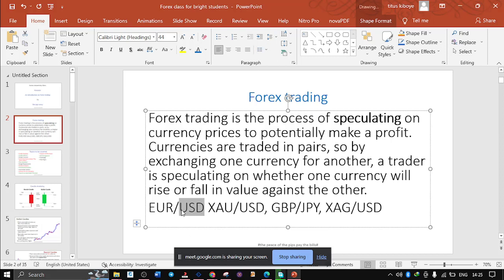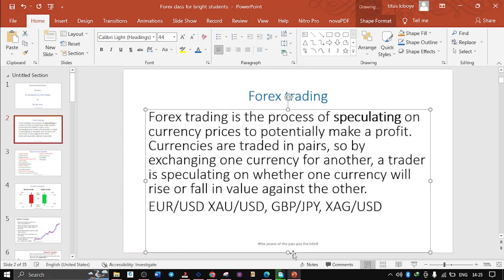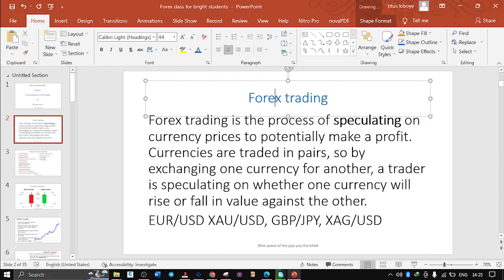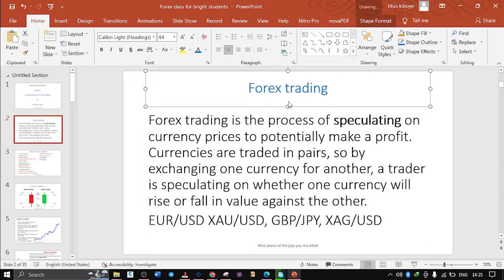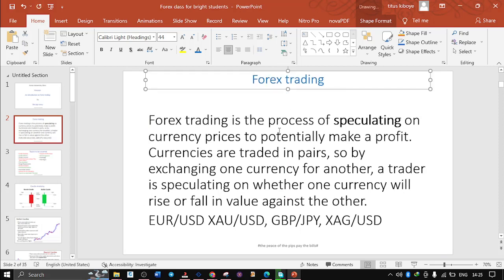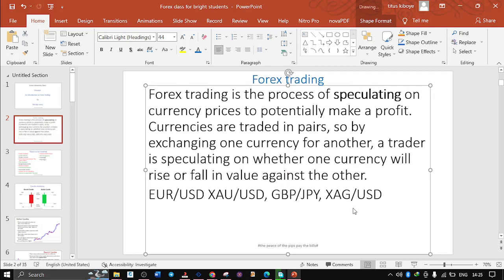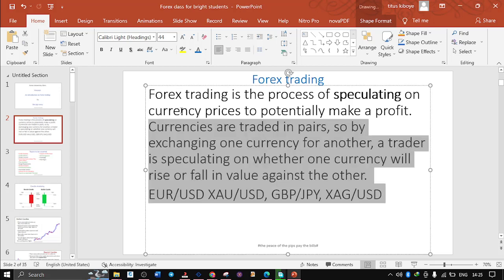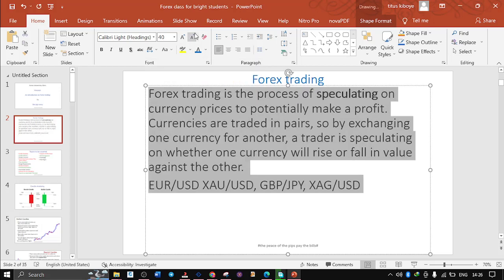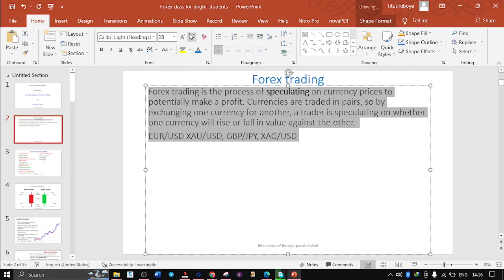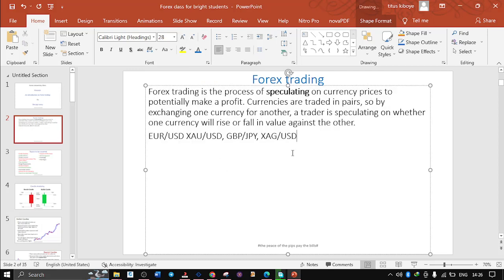Fundamentals are the ones that drive these currencies, like the employment rate in the US, the GDP. You know those things. I hope you did some economics. GDP, those are usual stuff. What else?